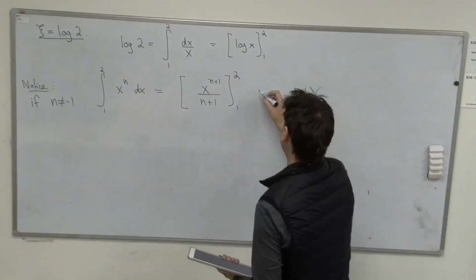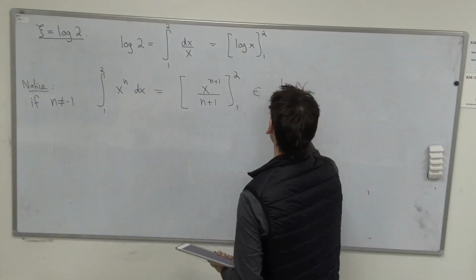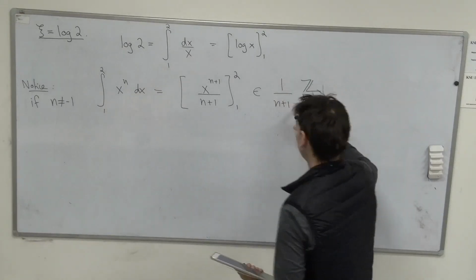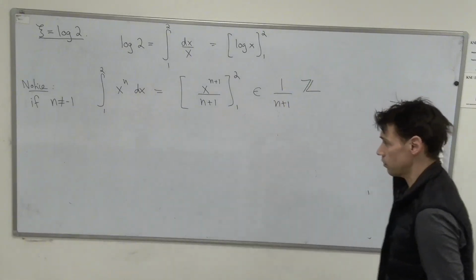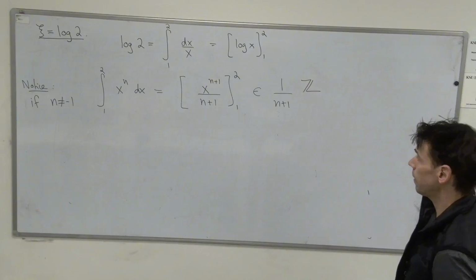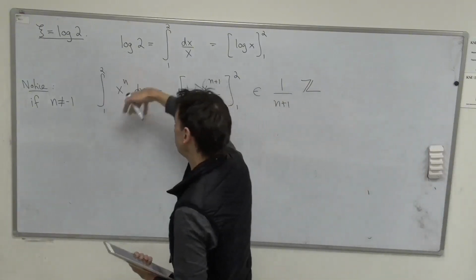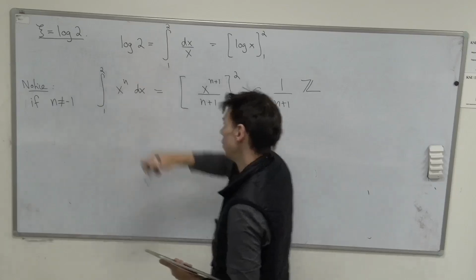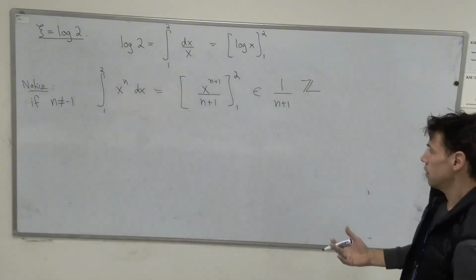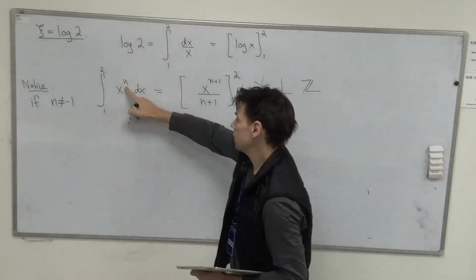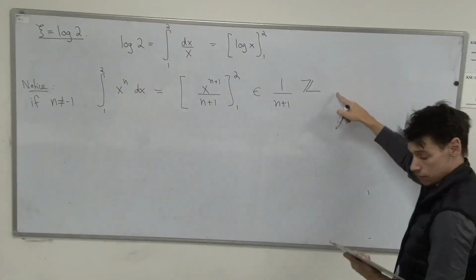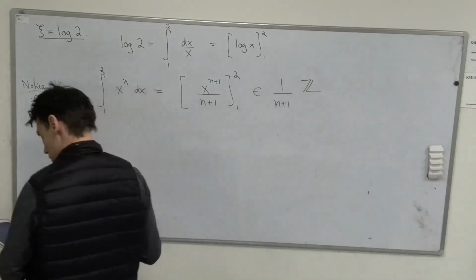And this is some number, some rational number with a denominator which is n plus 1. And so in particular, we can integrate any linear combination of powers of x, provided that the power is not -1. We can always integrate to give a rational number with a control in the denominator.